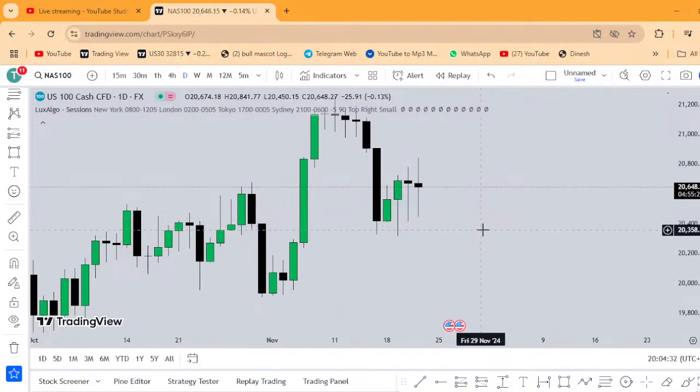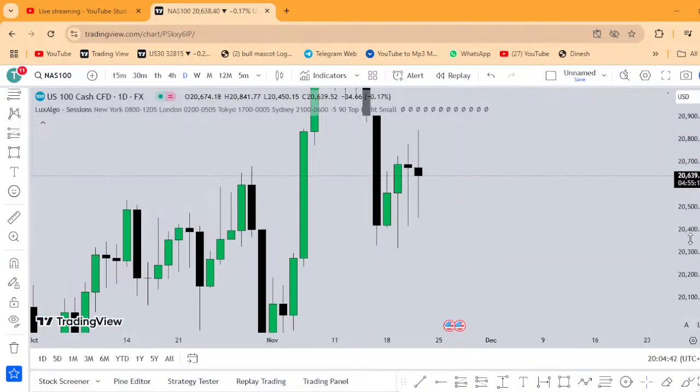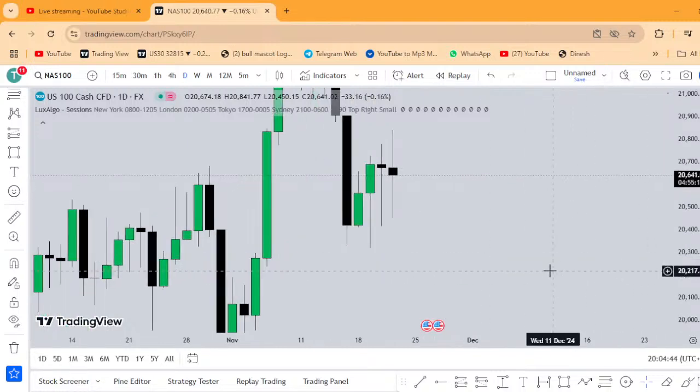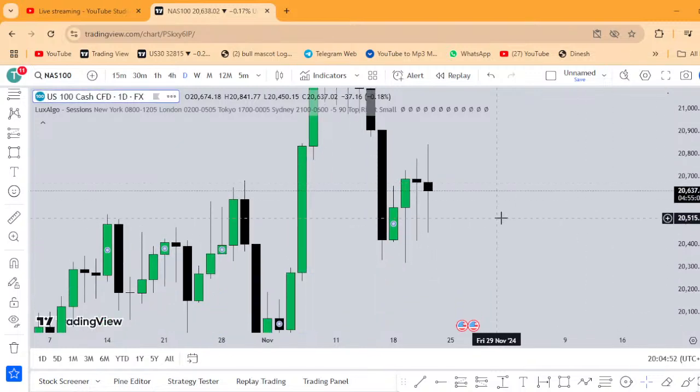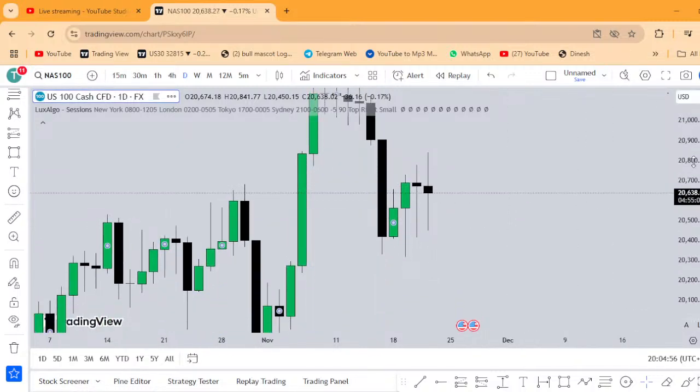Today we'll be looking at liquidity, and the key areas of liquidity are going to play a very significant role in our trading today.